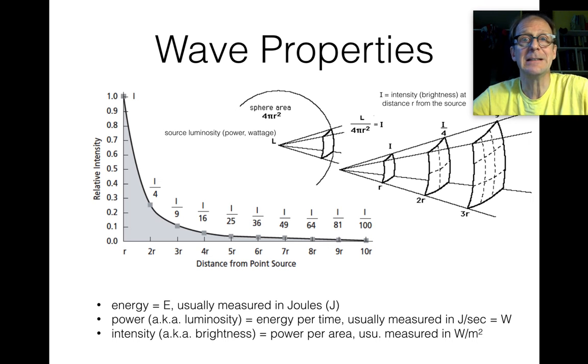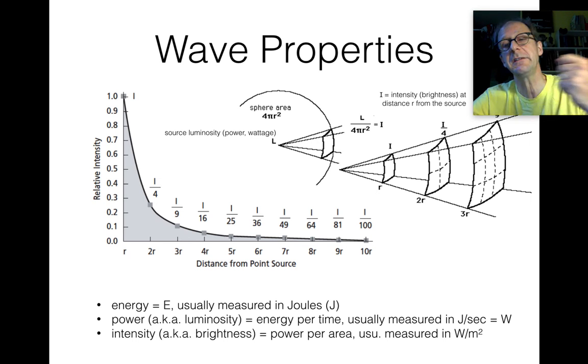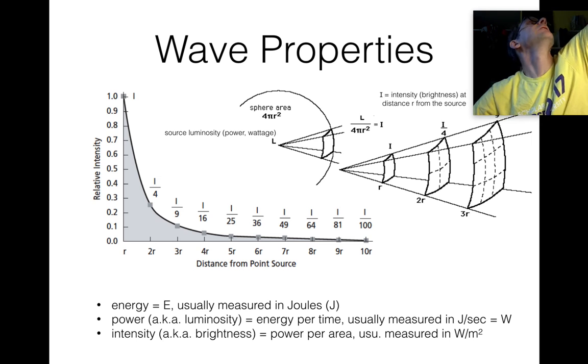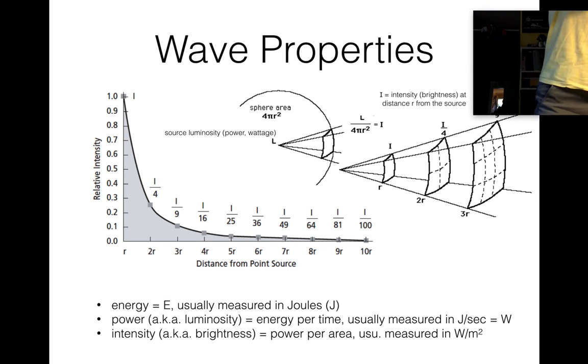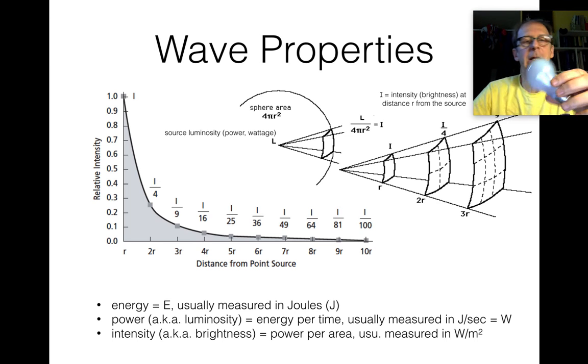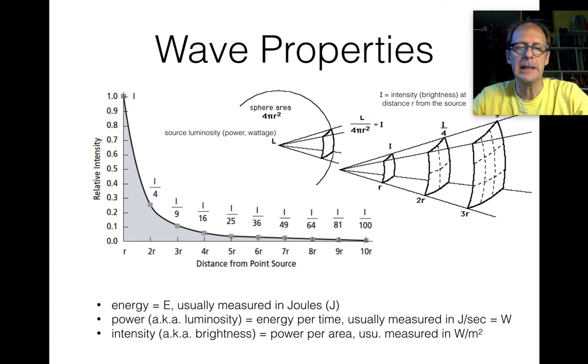Next is intensity. Intensity in the context of light is called brightness. So you may hear the word intensity, you may hear the word brightness. It's power per area. If I have a light bulb, a 100 watt light bulb, and I put it right in front of my face, then it's really, really bright, annoyingly so.